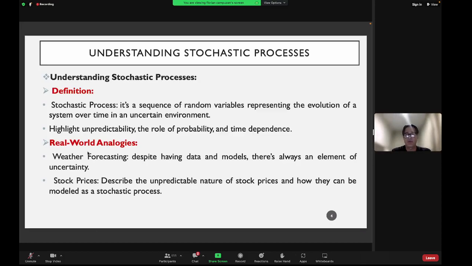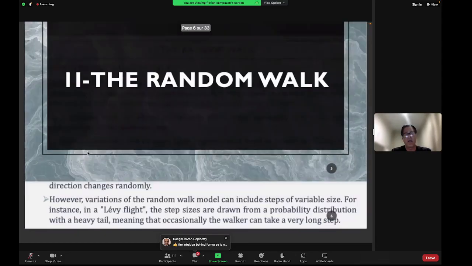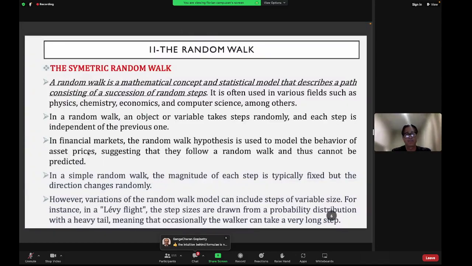We use options as an insurance product; insurance companies use options, banks use options. We use them in many fields, and we also use stochastic processes in portfolio management, trading, hedging, risk management. There are many fields where we need to understand stochastic processes.